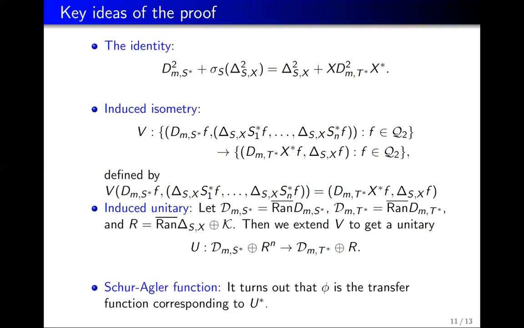Then you take the transfer function of phi, which I told you in the previous slide. You take the transfer function of this unitary, and it requires a little bit of work to show that this transfer function actually lifts the operator X, which we are looking at. So that's the idea of the proof. These ideas are very classical, and many people have used them. What is different here is that this operator identity people have also noticed earlier, but it is slightly different.